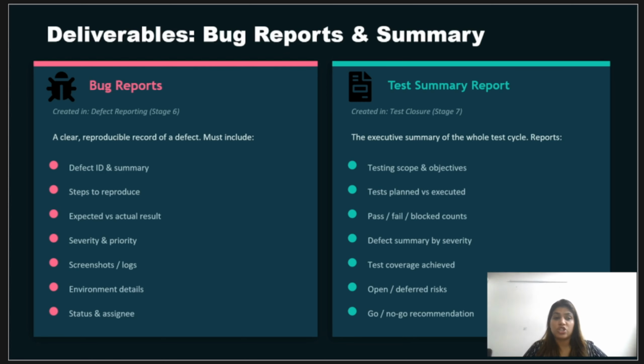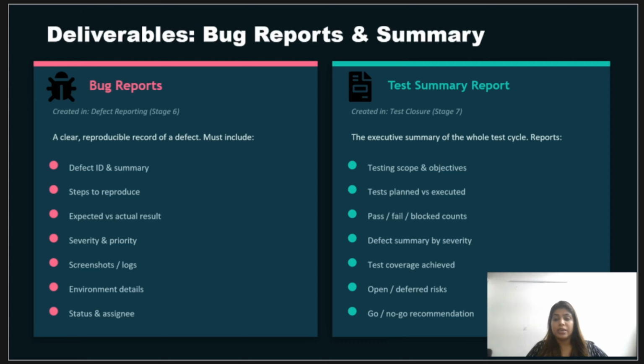So some of the essential fields in a bug report are defect ID and summary, which is generally a crisp one-line title. Maybe something like checkout fails with 500 error when cart has more than 10 items. The steps to reproduce will have numbered exact repeatable steps. Expected versus actual is what should happen versus what actually did.